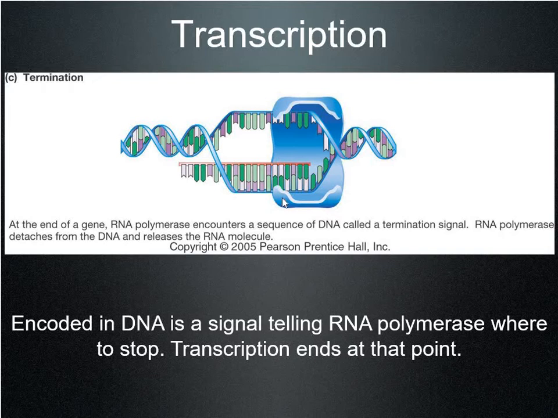Cytoplasm is the site where protein synthesis is happening. Ribosomes are the organelles which are doing protein synthesis.